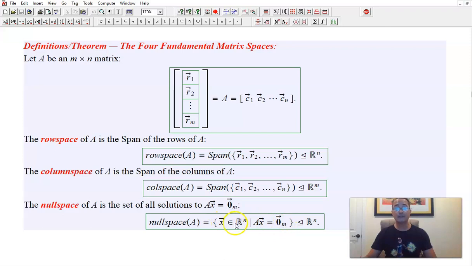Now, why should x be from Rn? It's because A has n columns. And remember, in order to form the matrix product A times x, you need to have x have the same number of entries as the number of columns of A. So that's why the null space is a subspace of Rn.